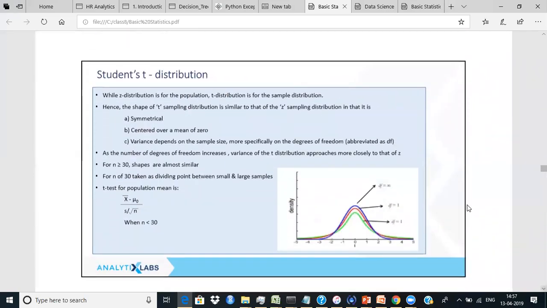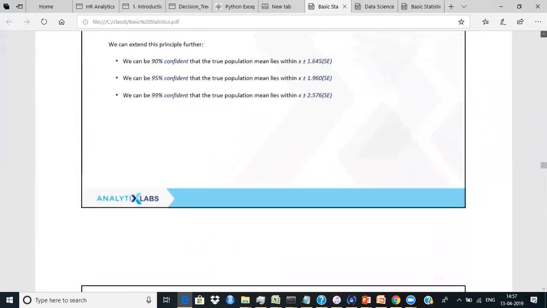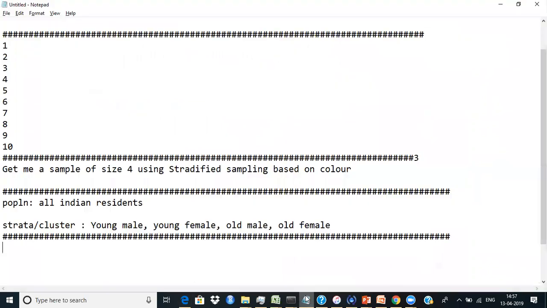Now, apart from normal distribution, there are few more distributions that we will need to use in hypothesis testing. The only place that you will see these distributions is hypothesis testing, right? And these distributions are derived from normal distribution. Okay, I'll explain how.